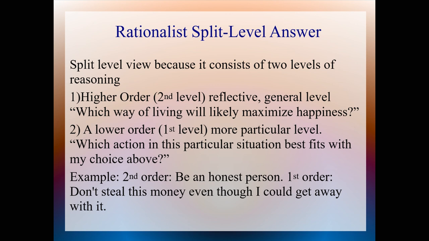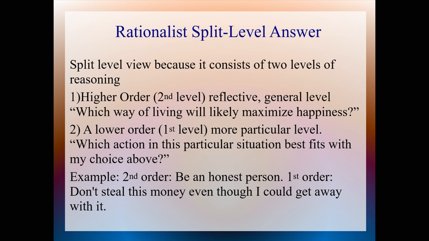Okay, so in this example, if you're at the fast food counter and you have this $50 that's been abandoned in front of you, the contradiction between saying I'm going against my best interests to give the money back to the person, you could say being the honest person is actually in line with the higher order of reasoning, and so you wouldn't want to steal the money even though you could get away with it.